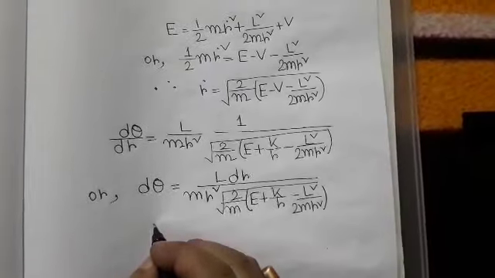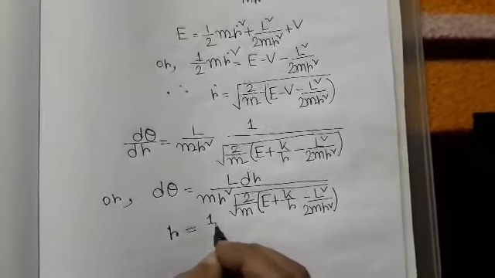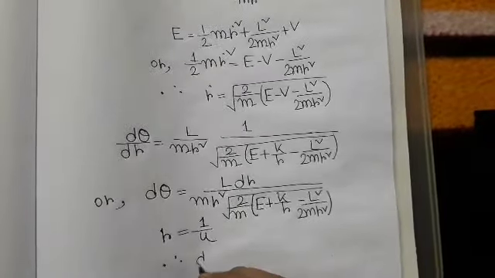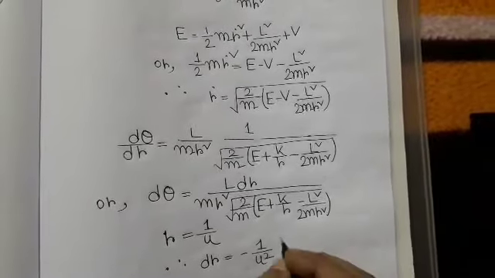Now introducing a new quantity u such that r equals 1 upon u. So what will be my dr? My dr will be minus 1 by u squared du.